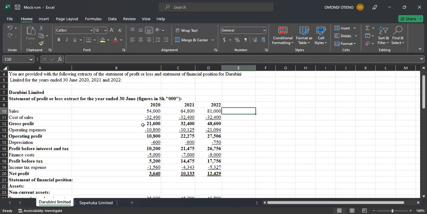So in this particular question, we have been told to do the vertical analysis for the income statement of 2022. For the common size statement here, we take whatever is here and divide by the sales. We've all said that sales will be the reference point.